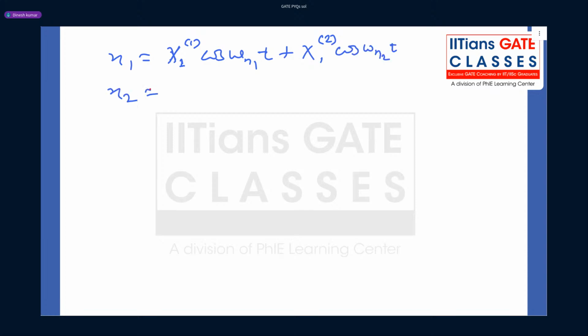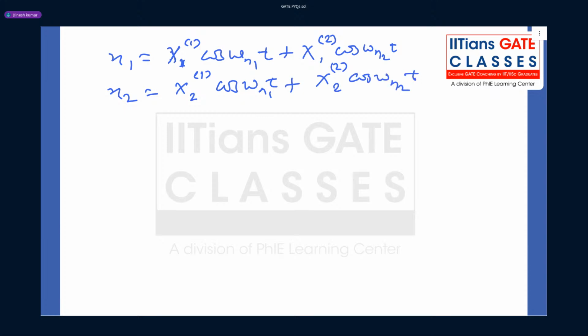Then x2 is X2 for the first mode cos of omega n1 t plus X2 for the second mode cos of omega n2 t.